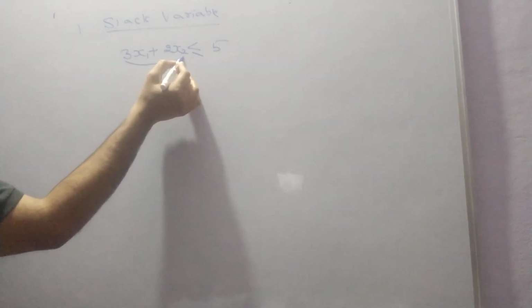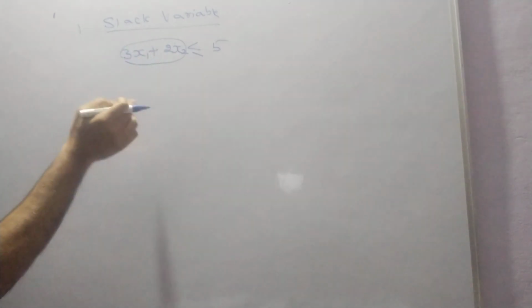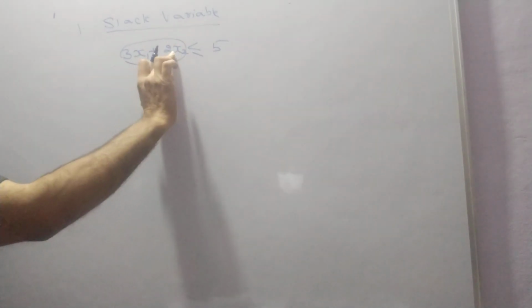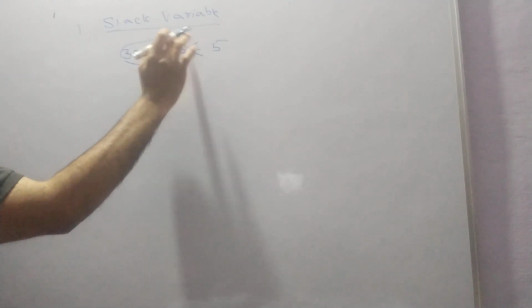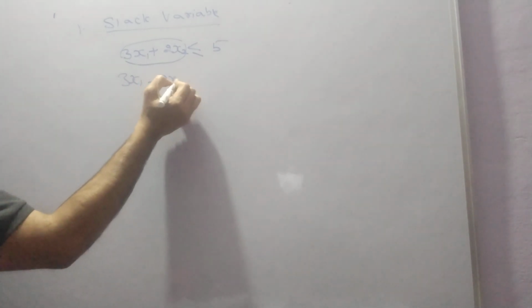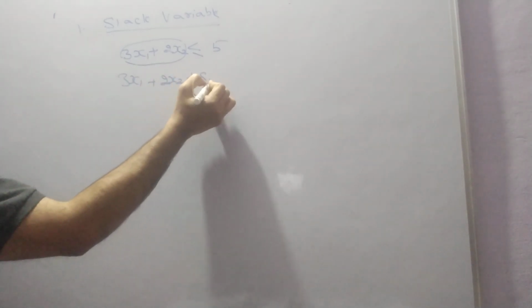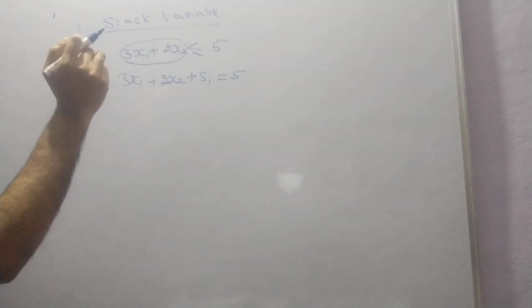Whatever values you put for x1, x2, this left side value is less than or equal to 5. Now I want to make LHS and RHS equal. Here shortage is there because it is less than. So that shortage I am adding here: 3x1 plus 2x2 plus s1 equal to 5. Then your inequality becomes equation form.